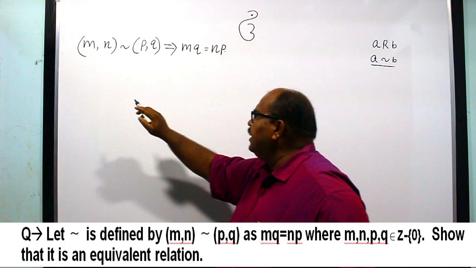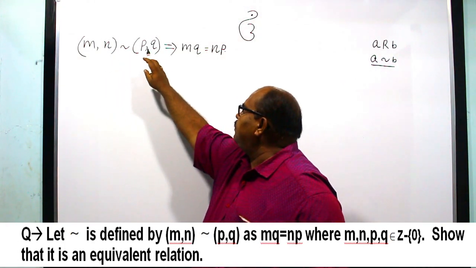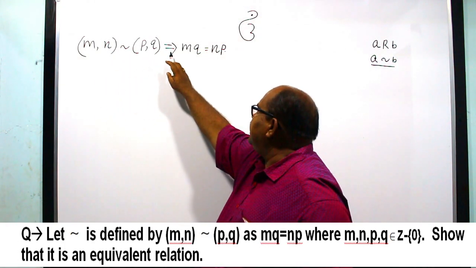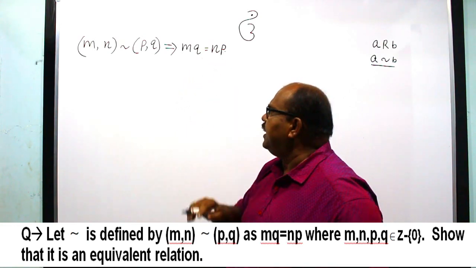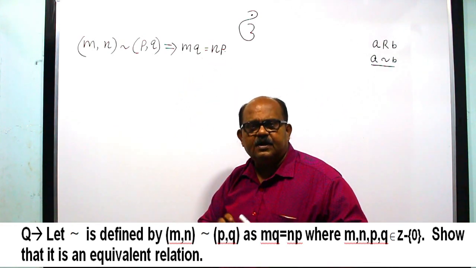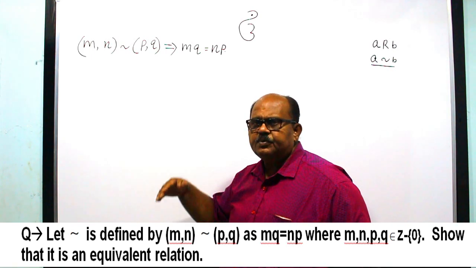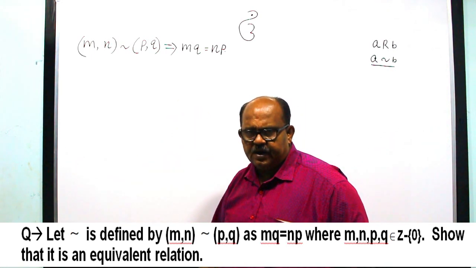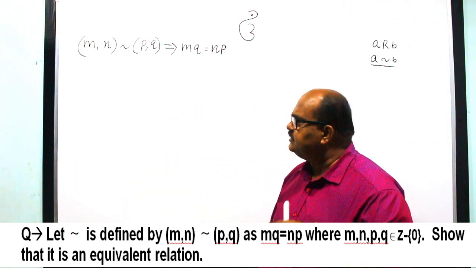So I will read: (m, n) related to (p, q) implies mq is equal to np. This is the given relation. Now we have to test this relation as equivalence: reflexive, symmetric and transitive.